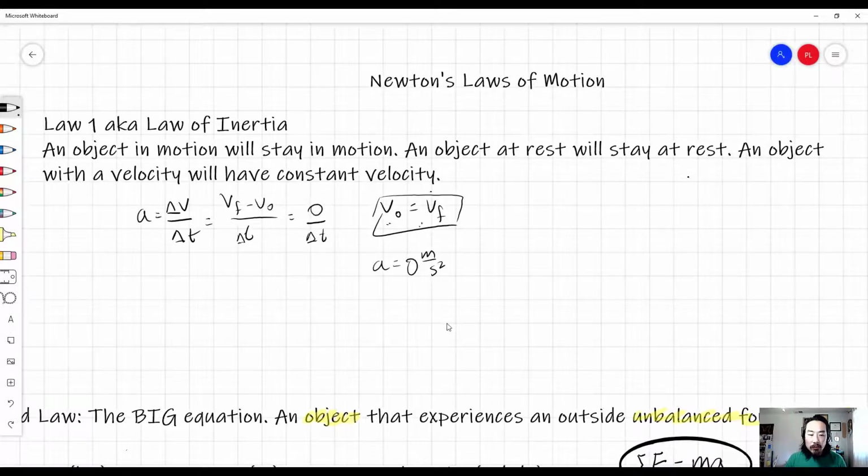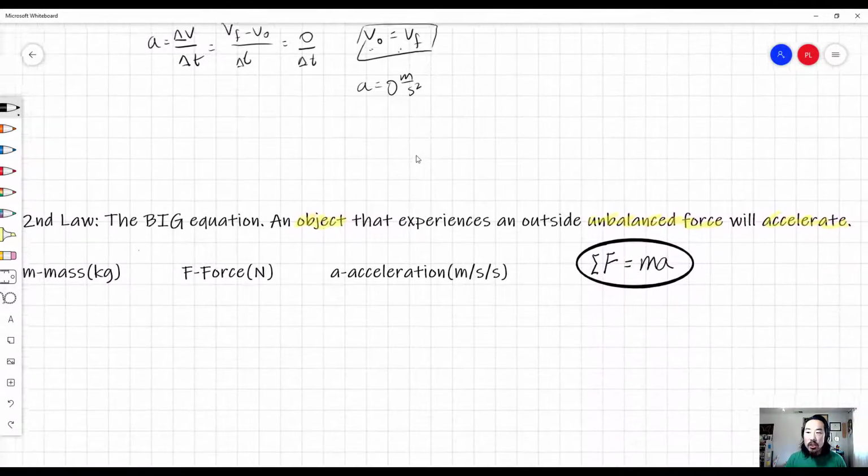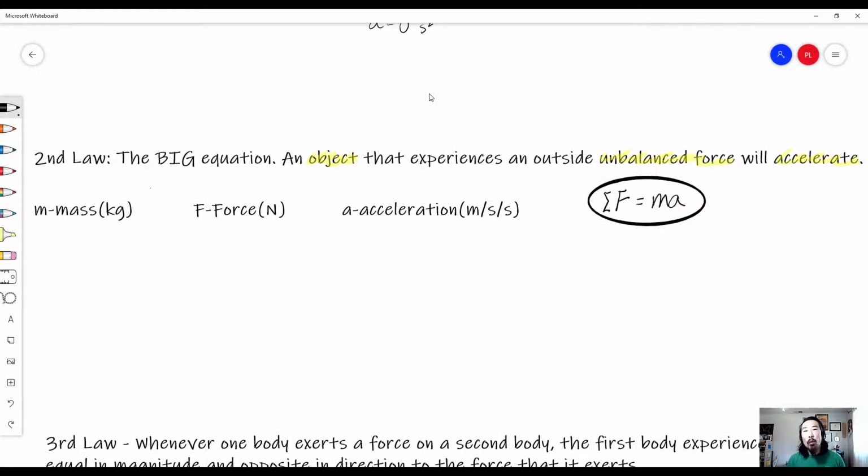All right, so that big idea really comes into play here with the second law. Now, the second law is the law where we have the equation itself, and I have that out in front of you. The second law states, an object that experiences an outside unbalanced force will accelerate. Much like the definitions in physics, the equation and the definition go hand in hand.